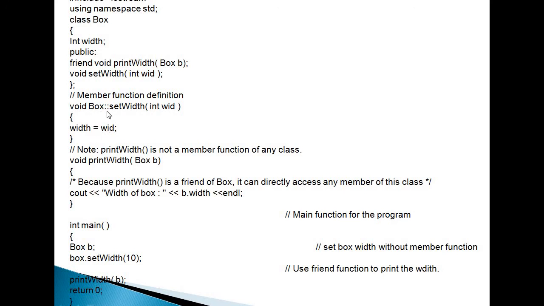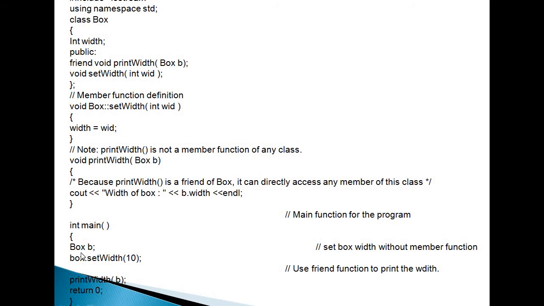We send our input through this setWidth function, and here the friend function is defined outside the class. So we access the private data member width of Box B through the dot operator with object B of class Box, and it is workable because this is a friend to class Box.